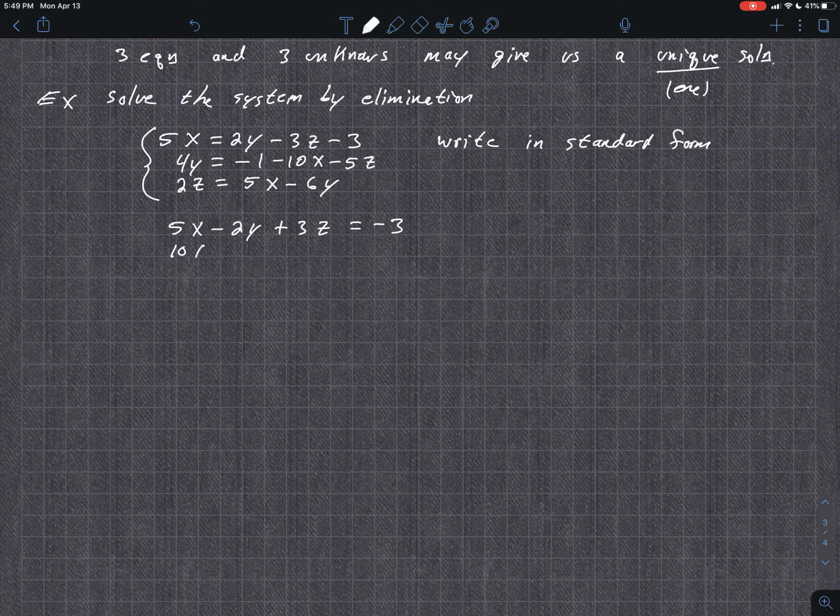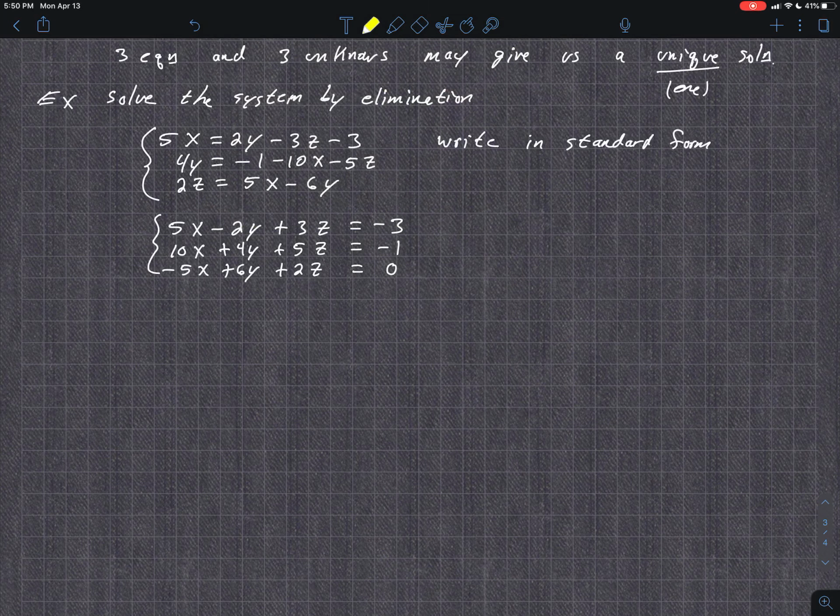And then we have 10x plus 4y plus 5z equal to negative 1. And then minus 5x plus 6y plus 2z equal to, in this case there's no constant, so it's just going to be 0. So take a moment to double check that.